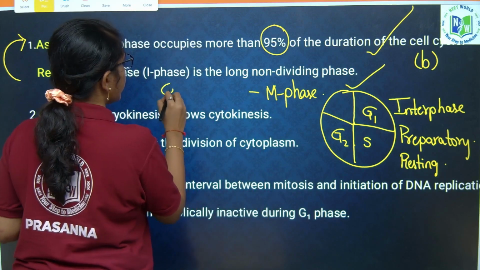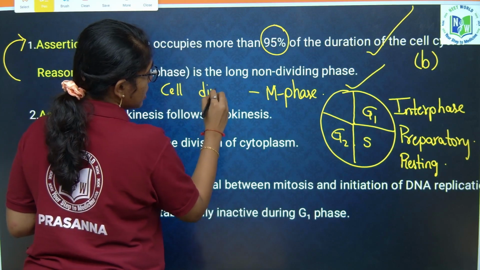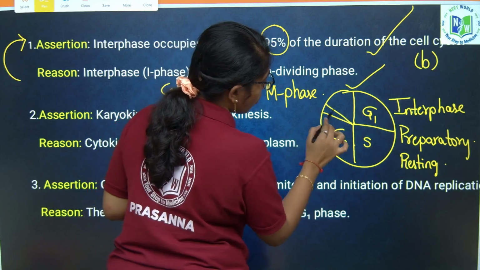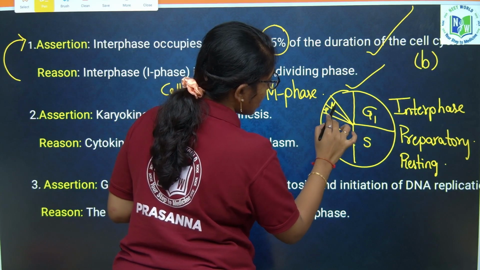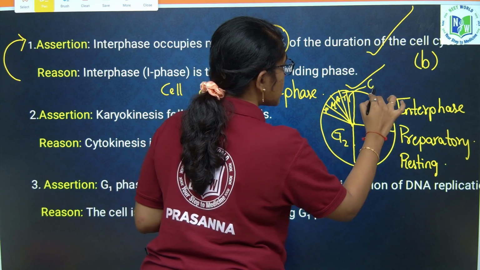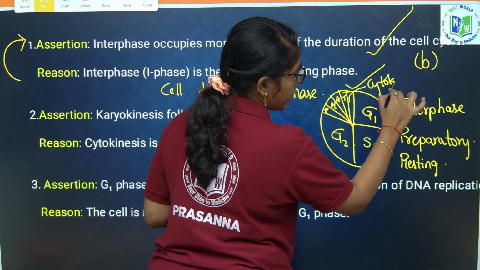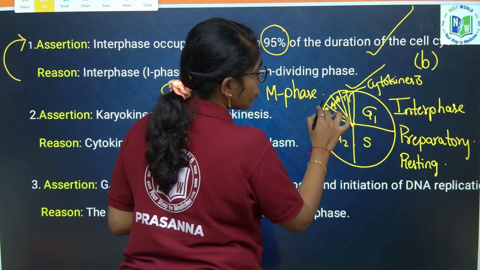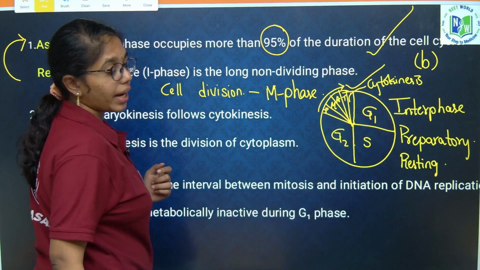M phase is what, beta? Cell division phase, and M phase is further divided into prophase, metaphase, anaphase, telophase, and then cytokinesis takes place. Cytokinesis is preceded by karyokinesis.